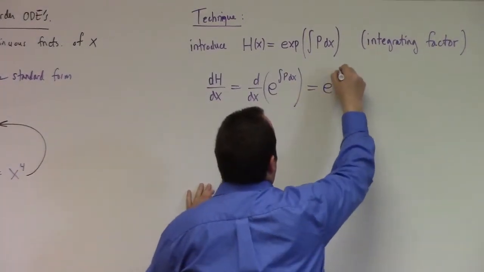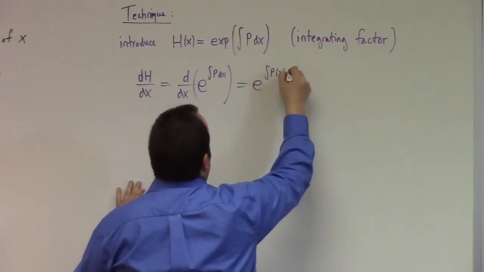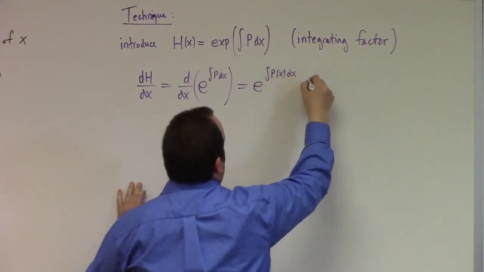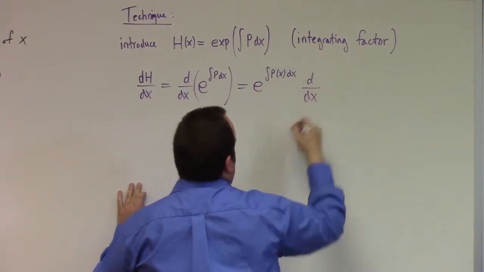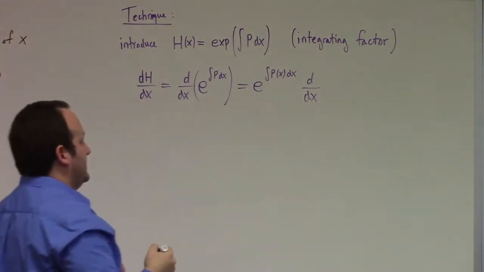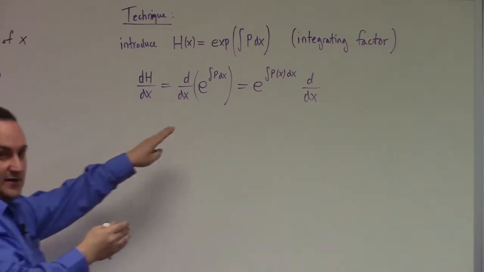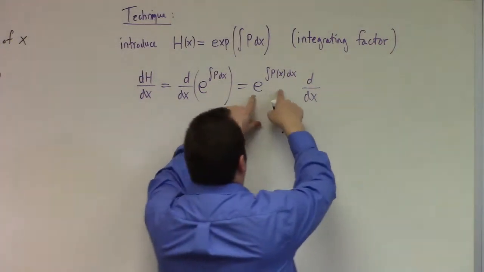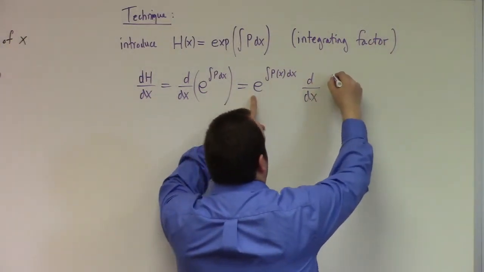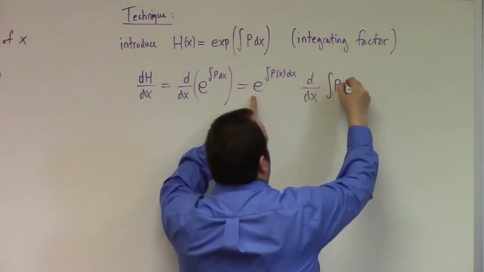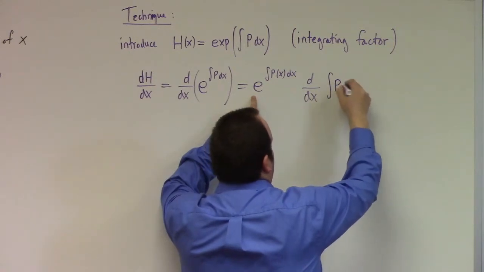The derivative of e to the x is just e to the x again, but if we're differentiating e to the u, we have e to the u times du dx, right? In this case, u is equal to the integral of p dx. So I have to do e to the integral of p dx times the derivative with respect to x of the integral of p dx, okay?